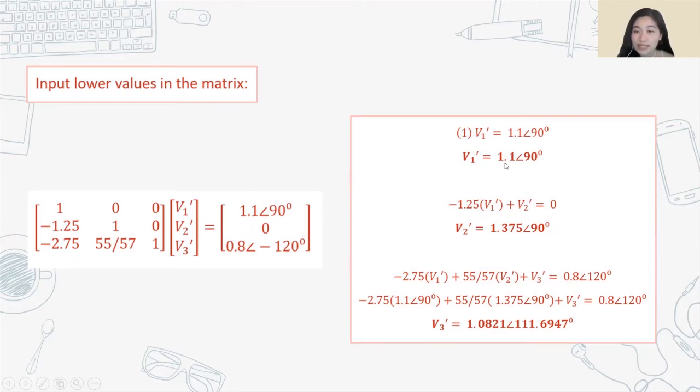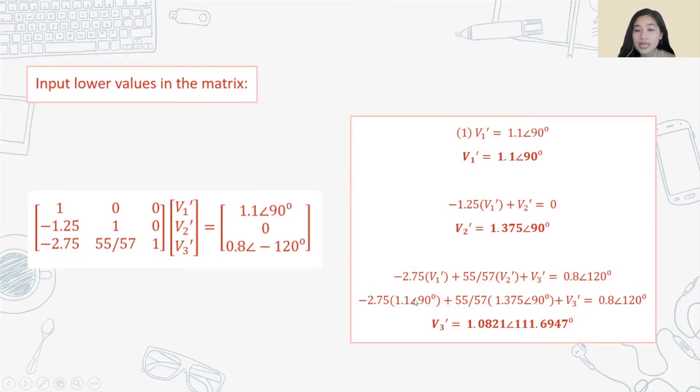Ang V1 prime natin is 1.1 at an angle of 90. Substitute it, multiply, and lilipat natin dito sa kanila, or multiply both sides. The answer of this product is 1.375 at an angle of 90 degrees.